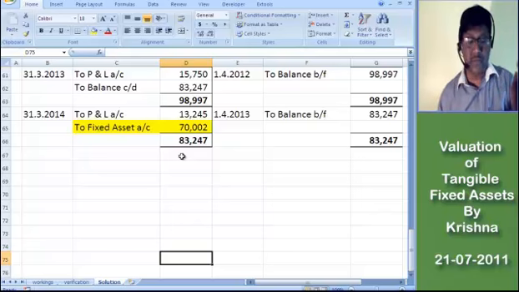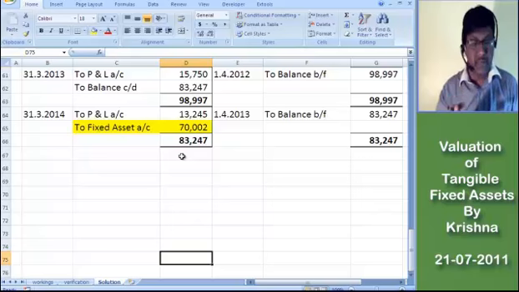The balance amount of devaluation is charged to profit and loss account. Are you able to understand?